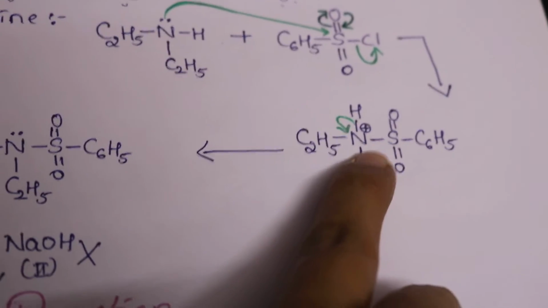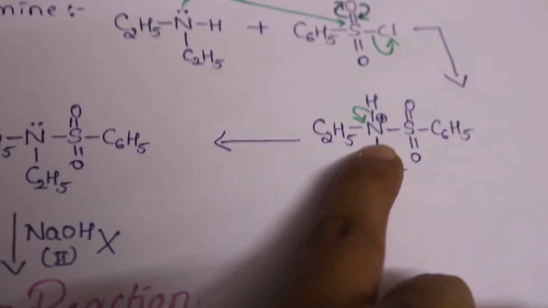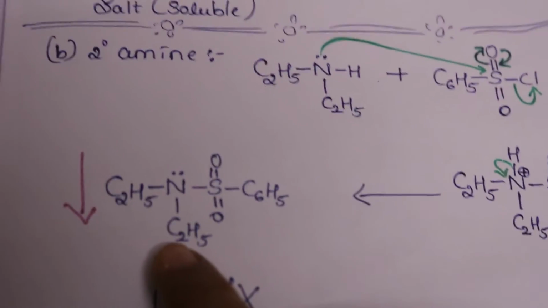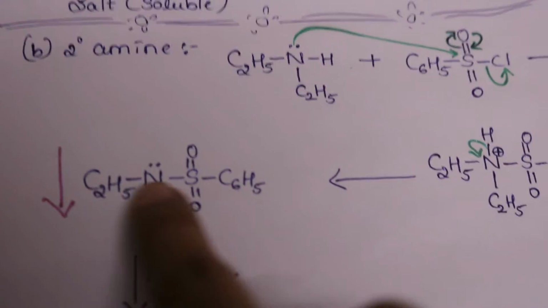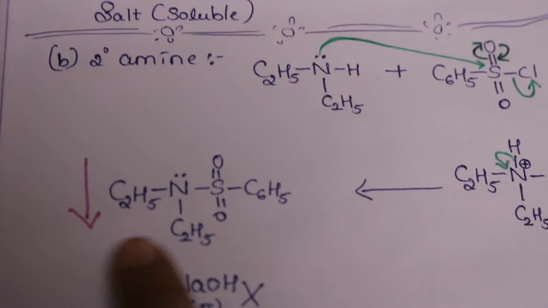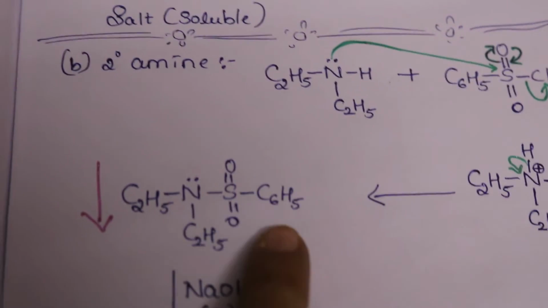Same, hydrogen will leave the group, nitrogen becomes electron deficient. Till here we will get one product, that is a precipitate we will get here.